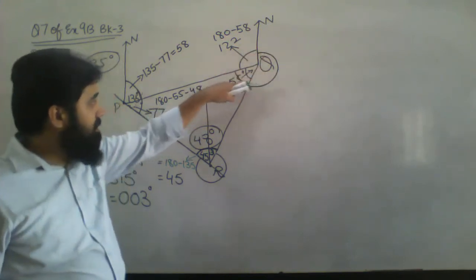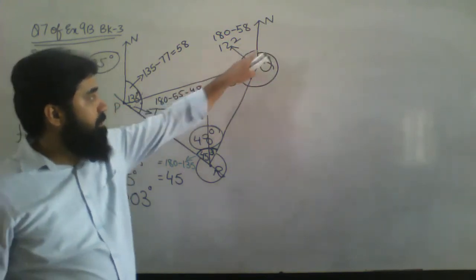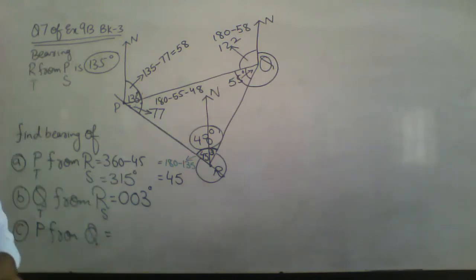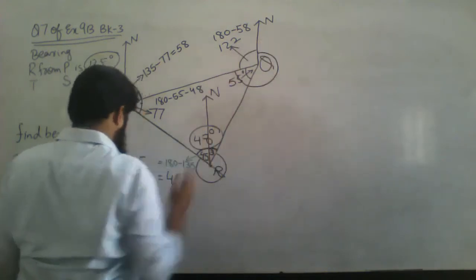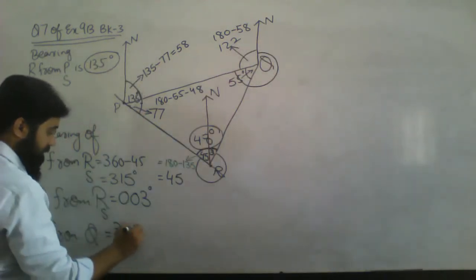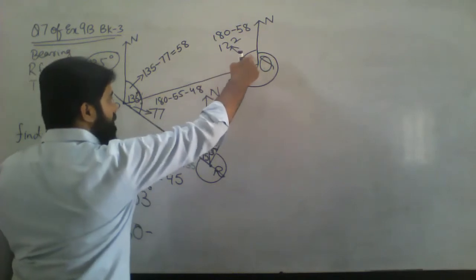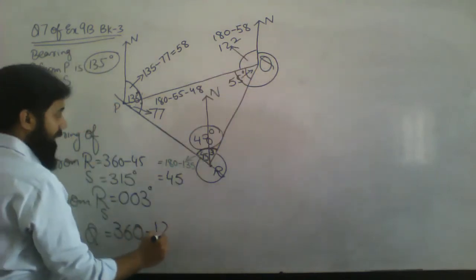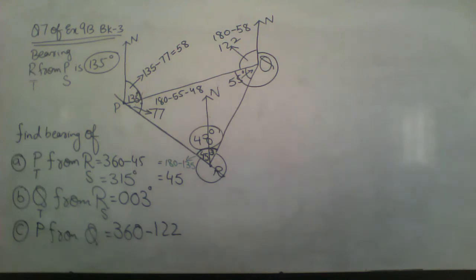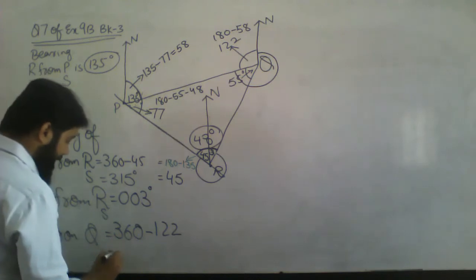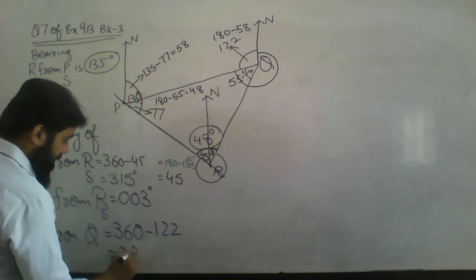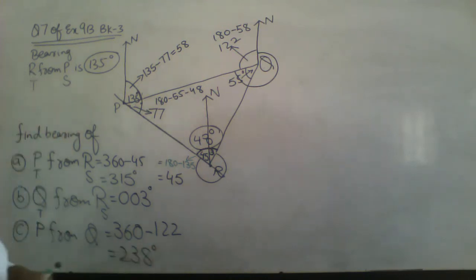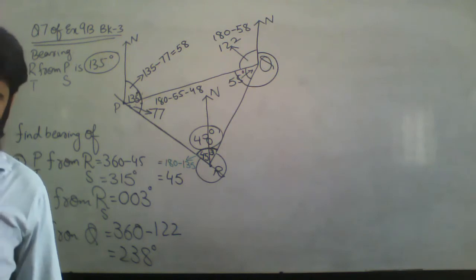Now I need this part. How will I find it? I will say the whole thing will be 360, out of which I am going to subtract 122, and my result is going to be 238 degrees. The bearing will be 238 degrees.